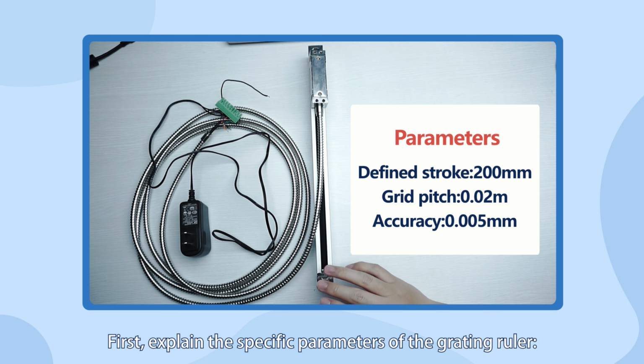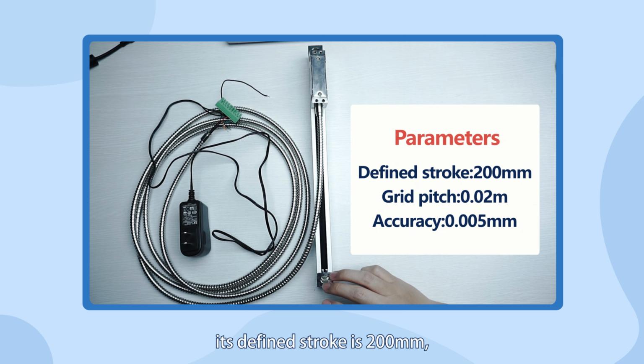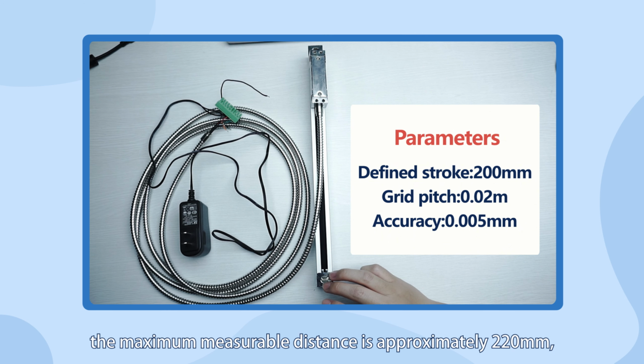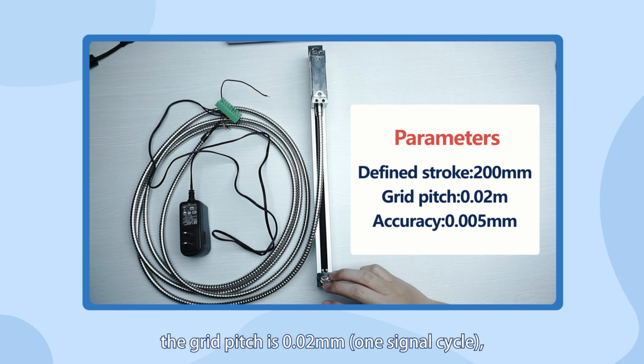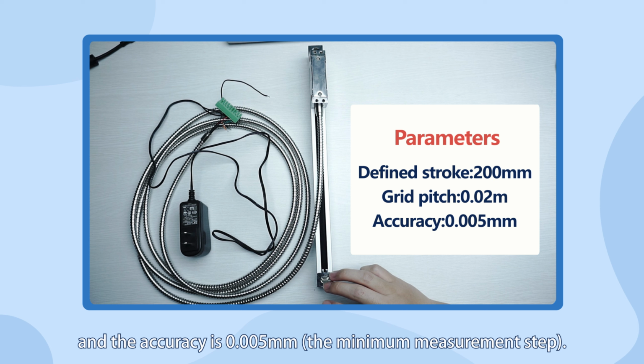First, explain the specific parameters of the grating ruler. Its defined stroke is 200 mm. The maximum measurable distance is approximately 220 mm. The grade pitch is 0.02 mm, and the accuracy is 0.005 mm.